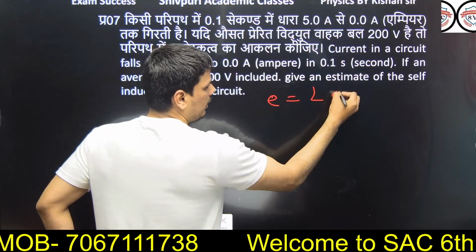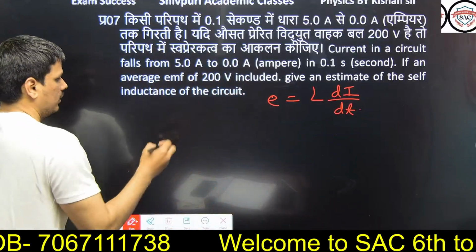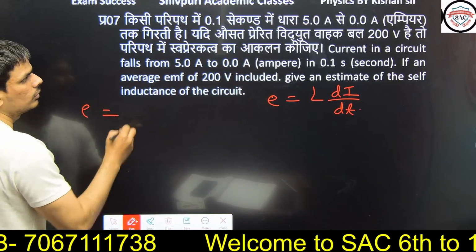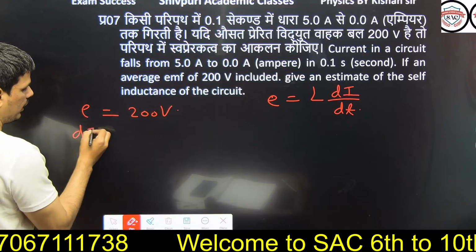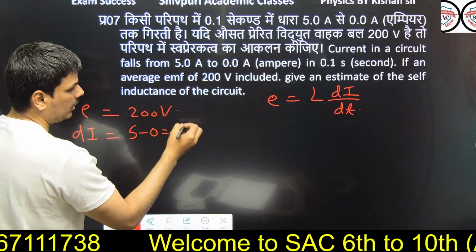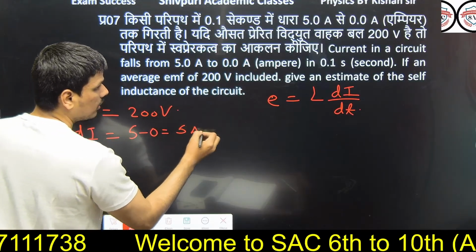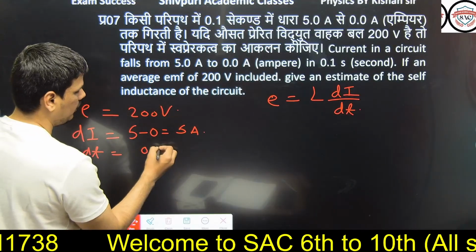E equals L di by dt. So we are given E equals 200 volt, and di we can calculate as 5 ampere minus 0 ampere, so di is 5 ampere, and dt is 0.1 second.